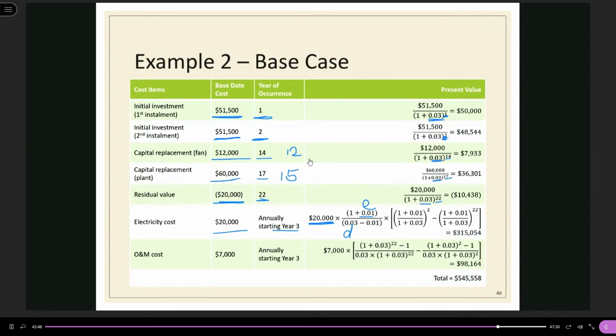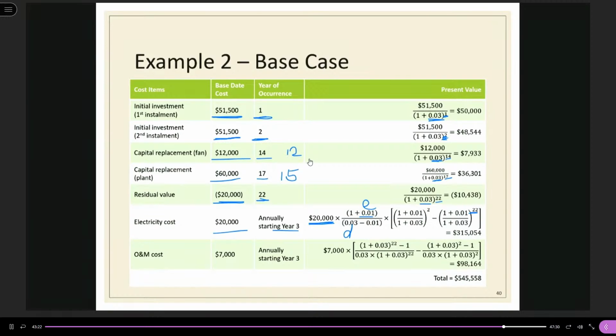And this is the first year, and it happens up to the 22nd year. If it happens up to the 22nd year, then this is the amount, but it starts in year 3, by the end of the 3rd year. So we use this minus this one.